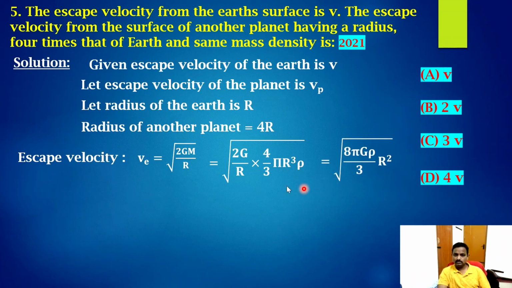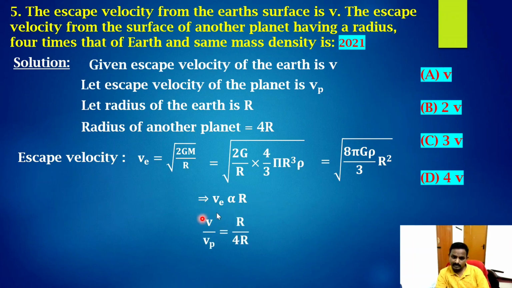So that is equal to, 2 into 4 is 8, so we will get 8 pi G rho by 3 under the root, into R square. That means R cancels this R cube, so we will get R square. So we got root over 8 pi G rho by 3 R square. So from this equation we can say escape velocity is directly proportional to the radius of the planet.